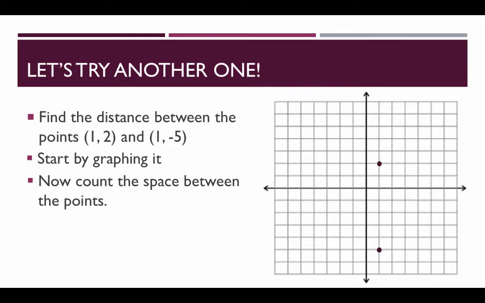And now, because we have a vertical line this time, we can count straight down that line to find the space between the points. So we'll go 1, 2, 3, 4, 5, 6, and 7. So this distance is also 7. It's not always going to be the case that it's 7. It just happens to be for these first 2 examples. So the distance is 7 units.